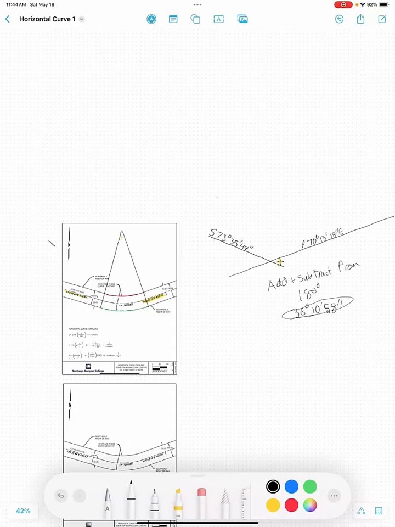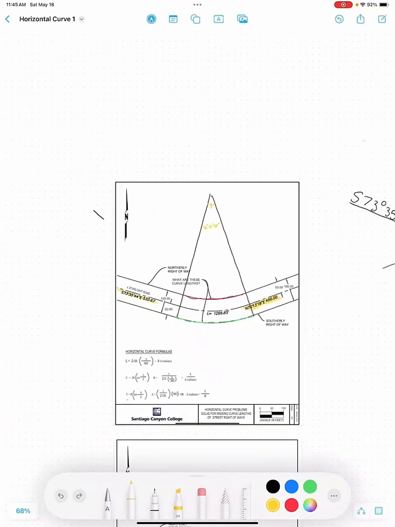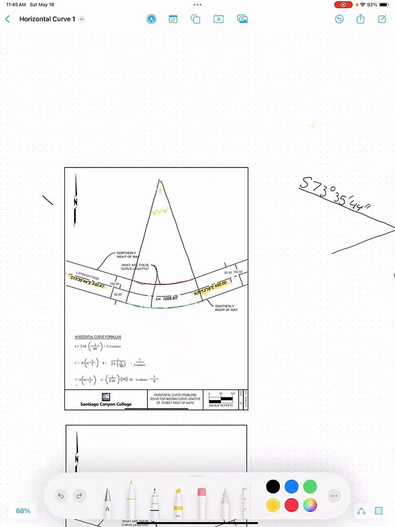That number can go here. Okay, so that starts that. Now we have that number.